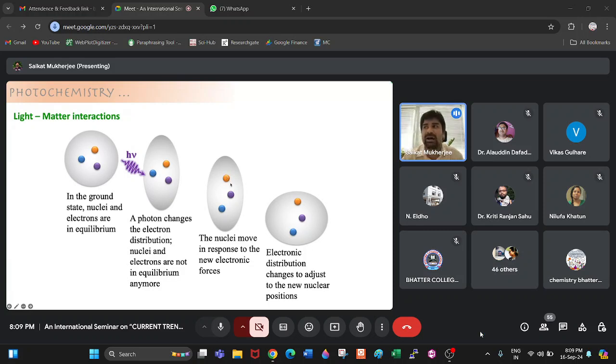Your nuclei are now rearranged in a different manner to respond to your changed electronic cloud. And then with this changed nuclear configuration, again your electron clouds are changed. So basically, this is the light matter interaction. We start from this configuration, and during the light interaction, we came to a completely different configuration. This is the complete photophysics or photochemistry theory, schematically speaking.